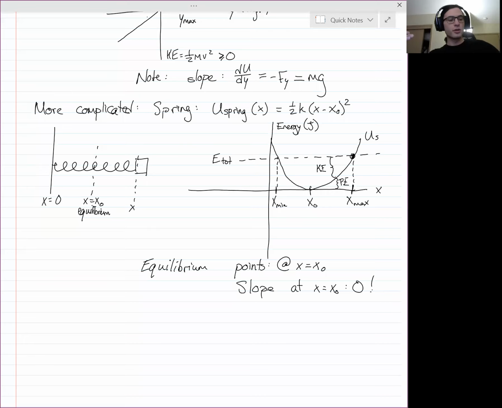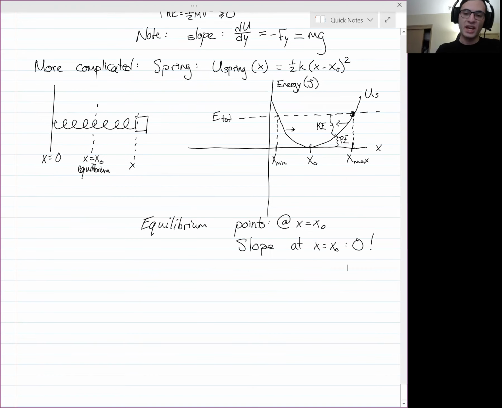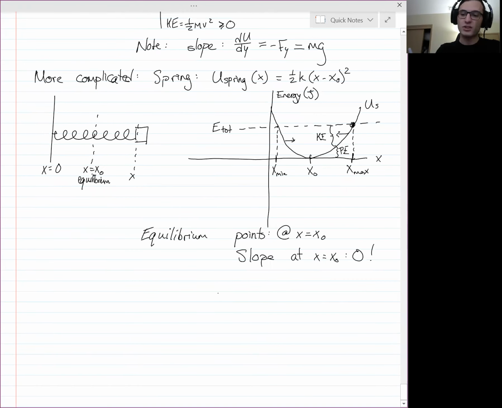Further, we can look at what happens to the forces. The forces always point towards lower potential energy. So the force will point this way on the left-hand side, and this way on the right-hand side, because from smaller values of x it will point towards x naught, towards equilibrium. You can see that by looking at the force: the force in the x direction is the negative of the slope.